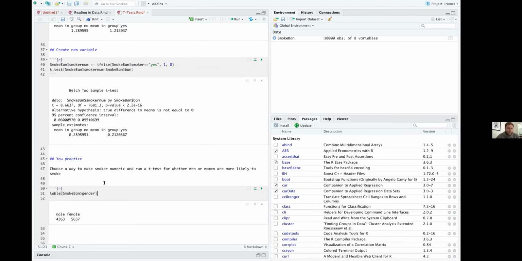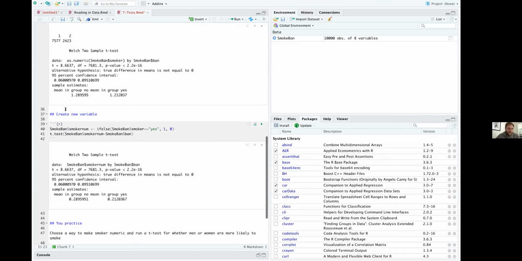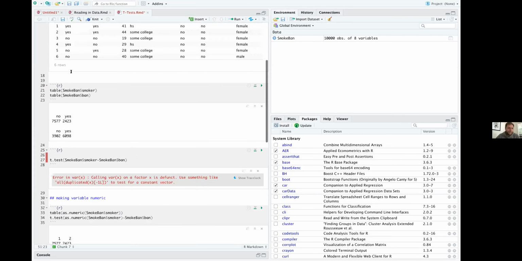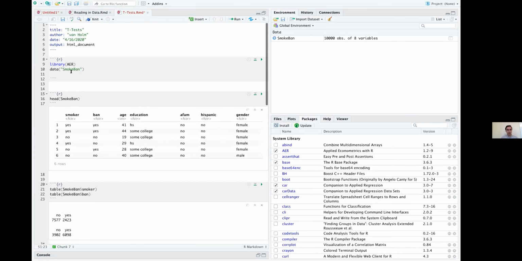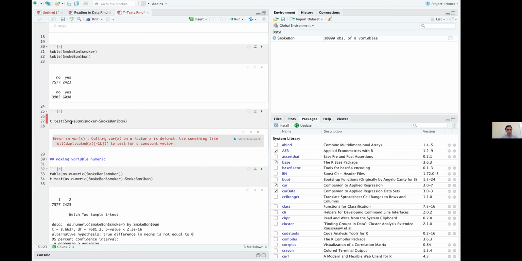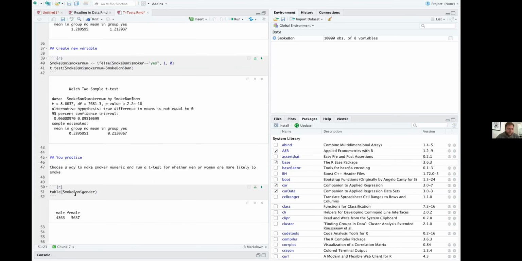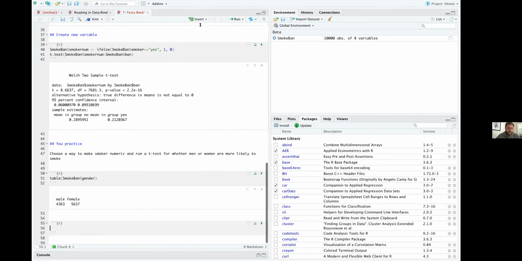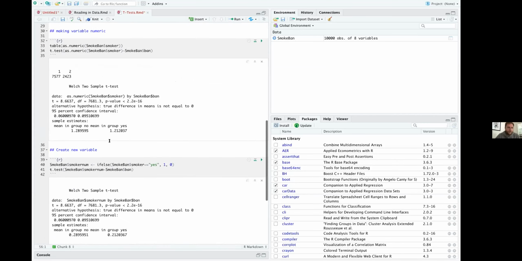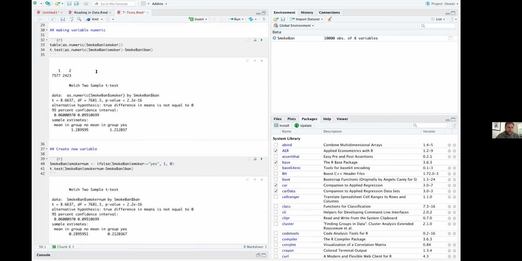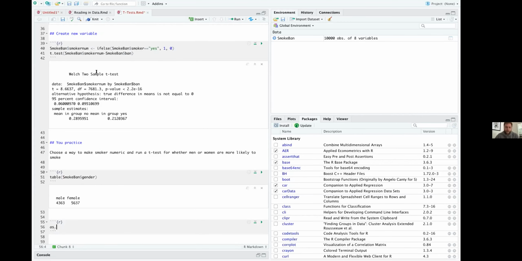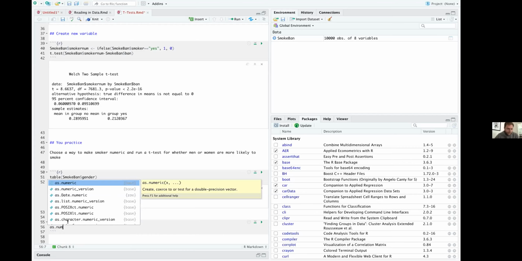Right. So what did we do for that above? You could do as numeric. There's that as numeric, and then there's the if else thing. Seems like we don't do either. Okay, so we want as numeric.